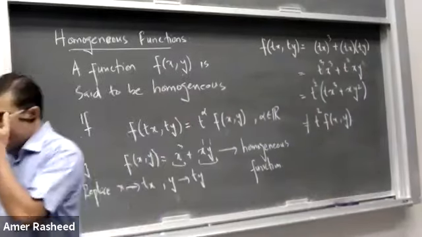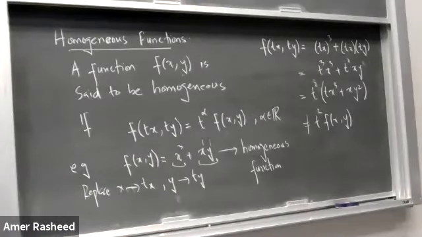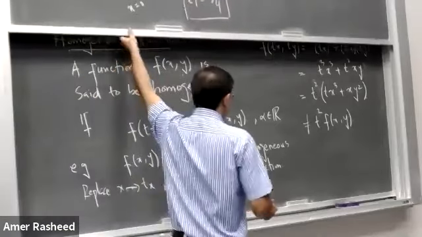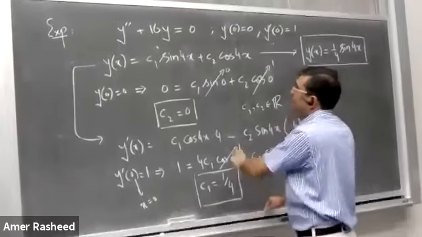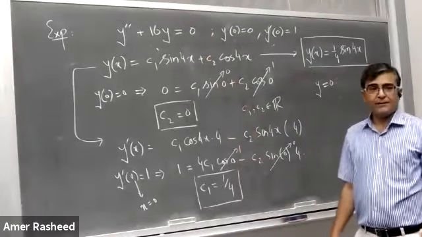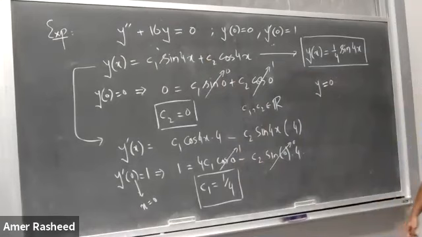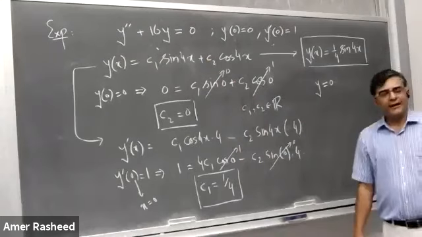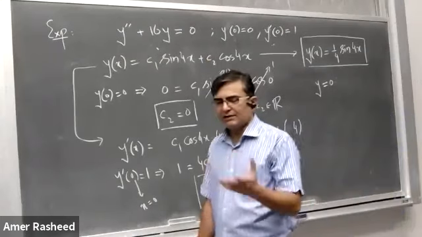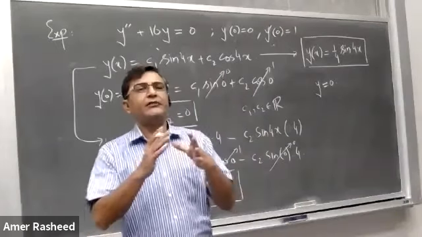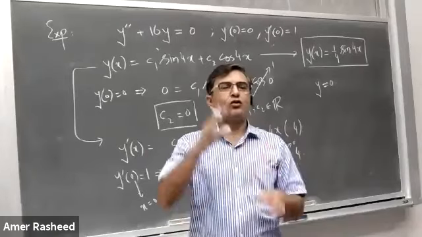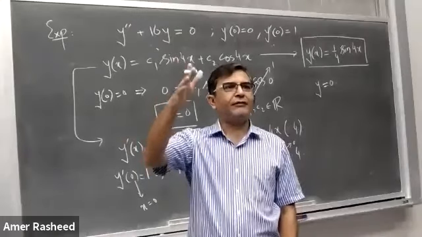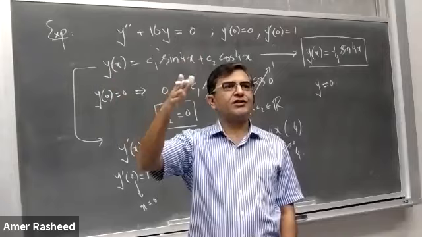One thing which we also see in homogeneous ODEs is that we did an example here of a second order ODE. If we have an nth order linear ODE whose right hand side is non-zero, f of x, then that equation is non-homogeneous.